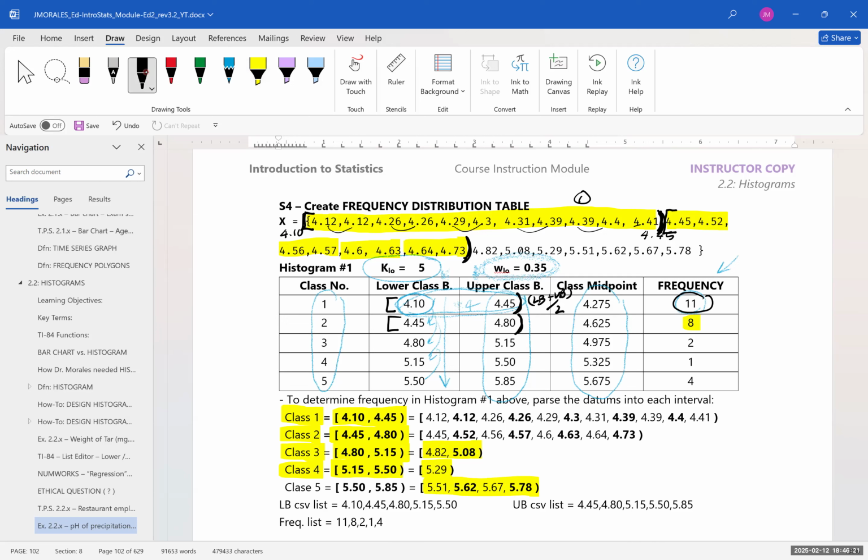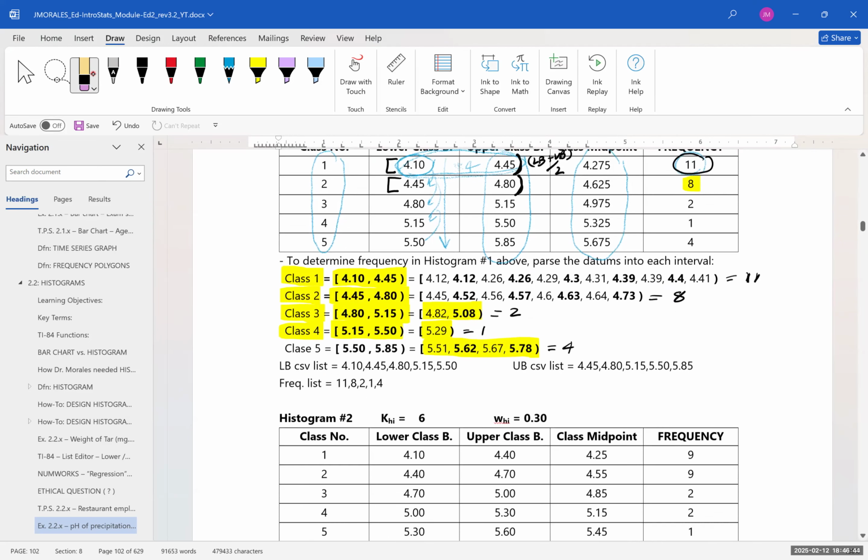So the number of datums in this interval was 11. The number in this interval was 8. The number in this interval was 2, 1, and 4. That's these values here. Okay. So that's where that came from.